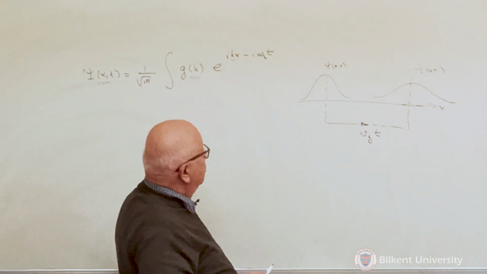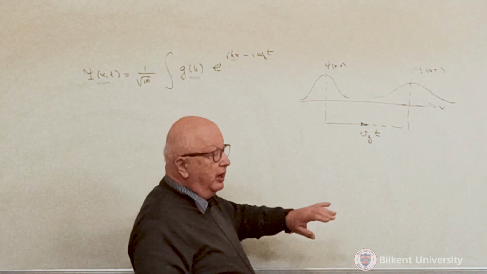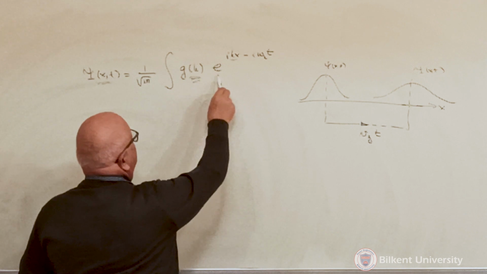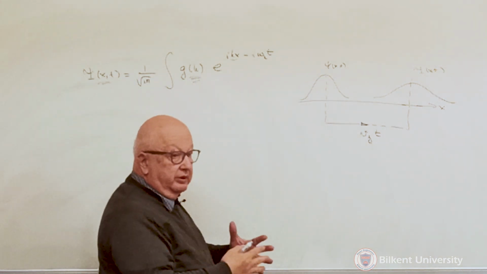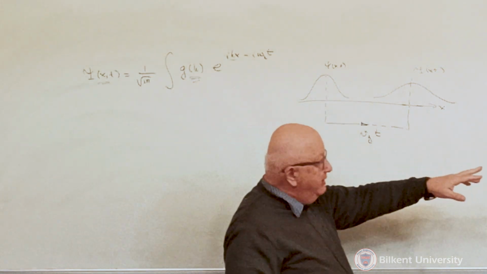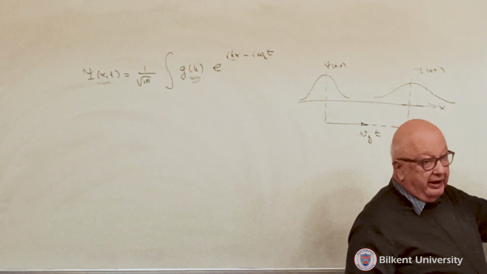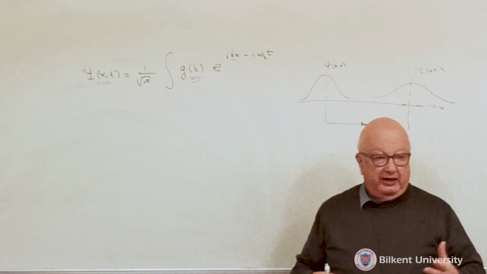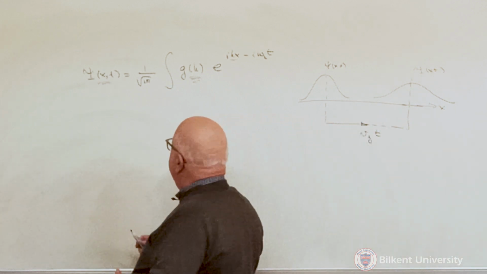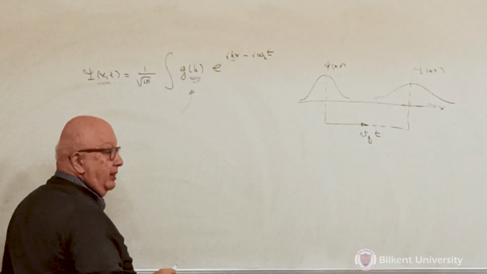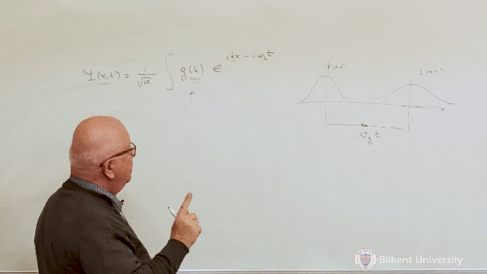Okay, so now for that to happen, I must have a bunch of wavelengths here, and they are going to make up this waveform. Now, in this case, I'm looking at a special, extreme case, to understand what's going on, in which this g of k is really made up of two k's.